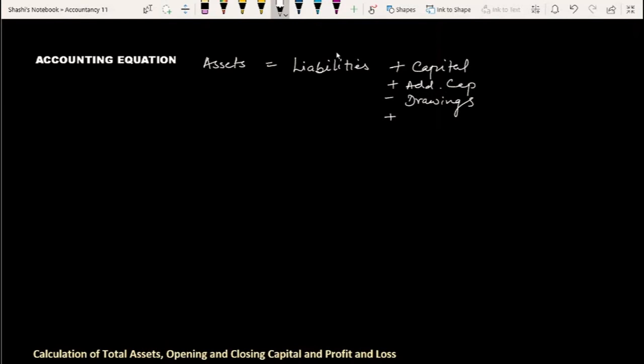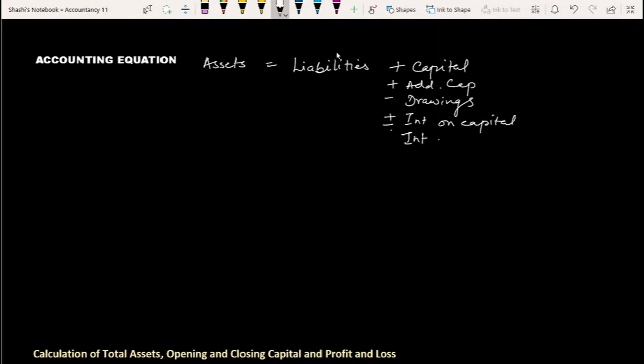Interest on capital, as I said, on the one hand is a loss or expense for the business, but as capital we can say this is also deducted here. Why? Because it is an expense for the business, and for the proprietor it is an income.